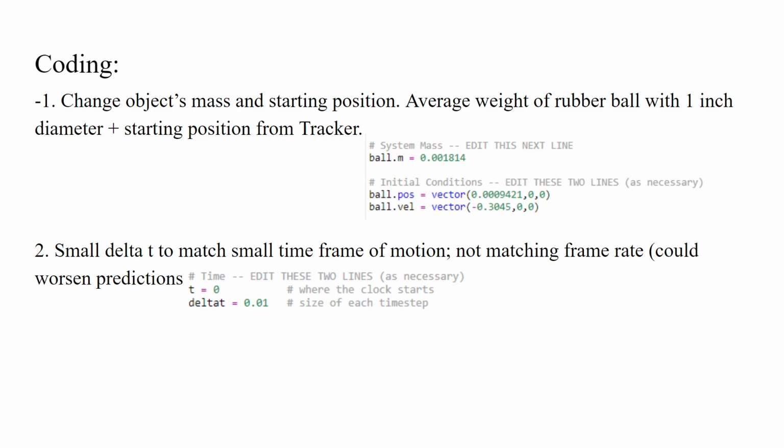I was able to calculate its starting velocity after the push and fill that in as well. And then I set delta t to 0.01 to match the small time frame of motion, which was only about 1.5 seconds. I did not match it to the frame rate since this could have worsened the predictions.